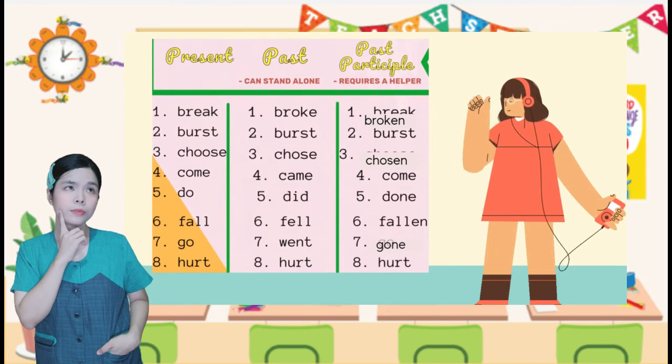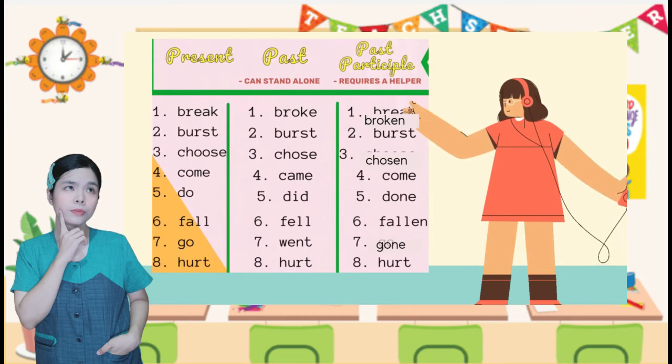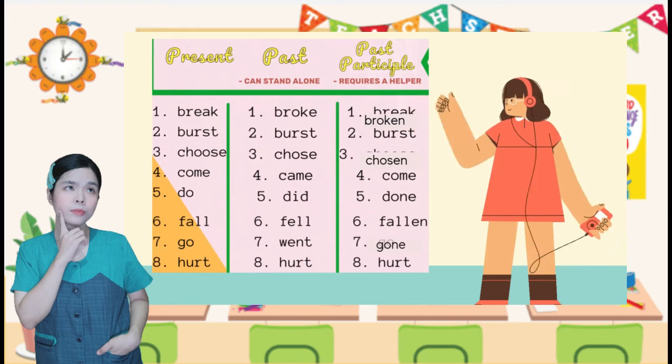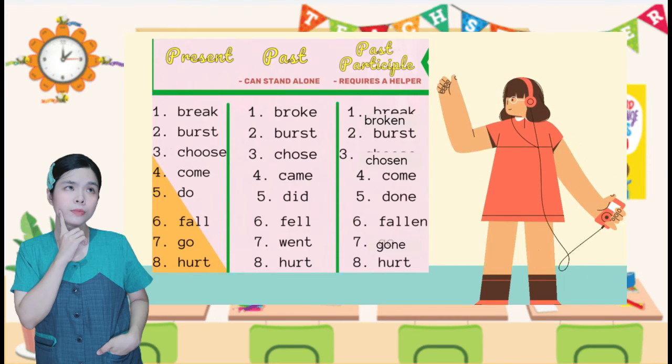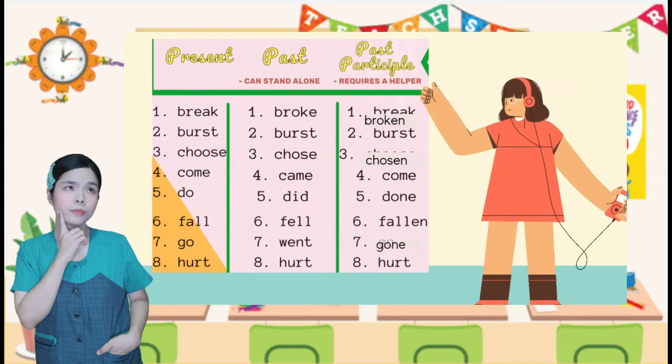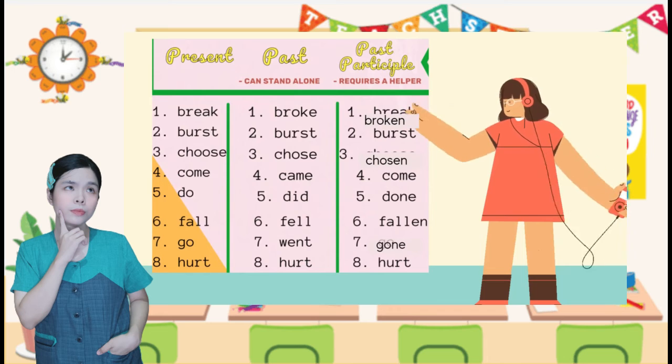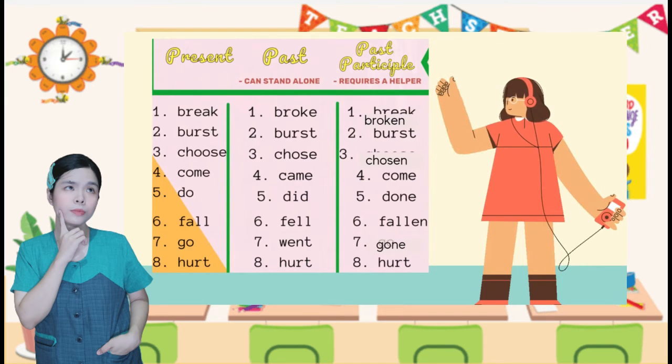The next one: burst, burst, burst. It just retained its spelling. Next one, choose, chose, chosen. Come, came, come. Do, did, done. Fall, fell, fallen. Go, went, gone. Hurt, hurt, hurt.